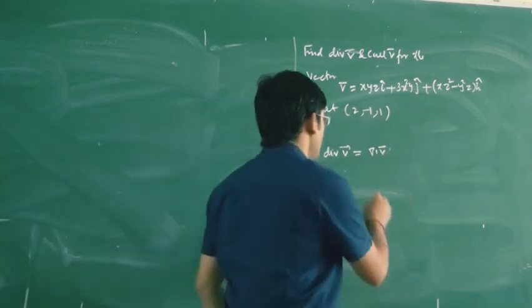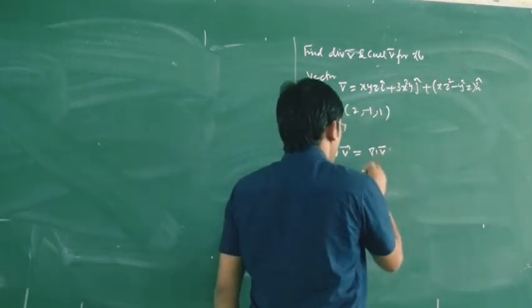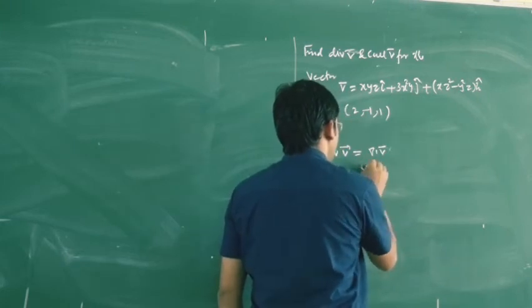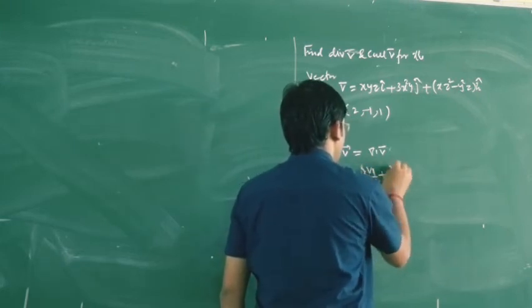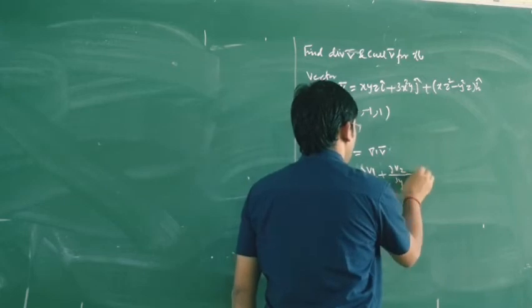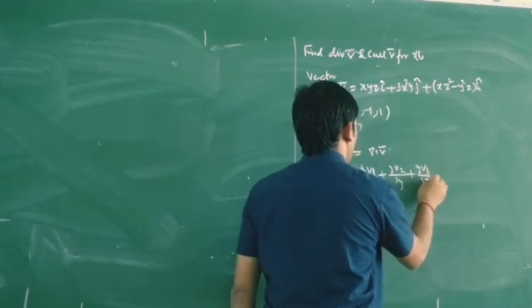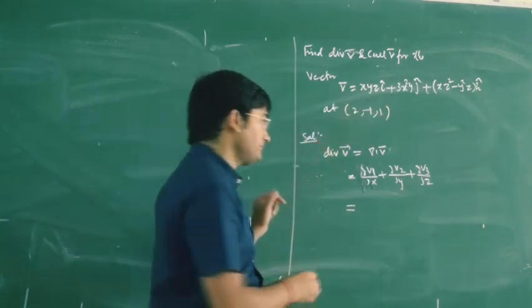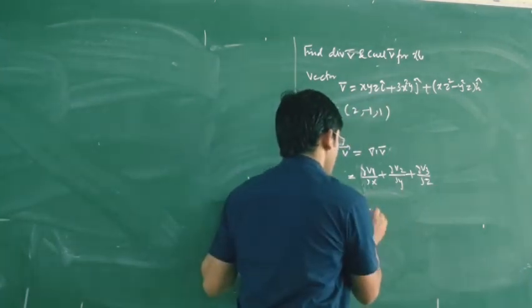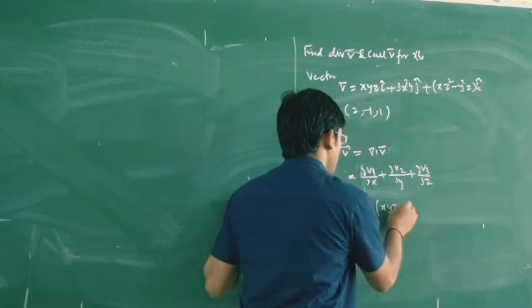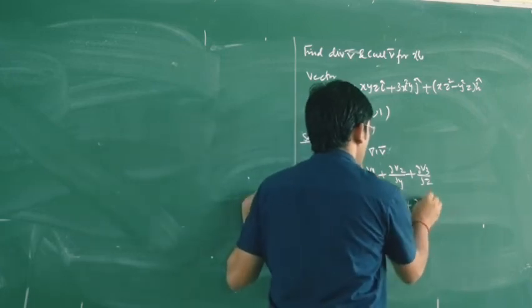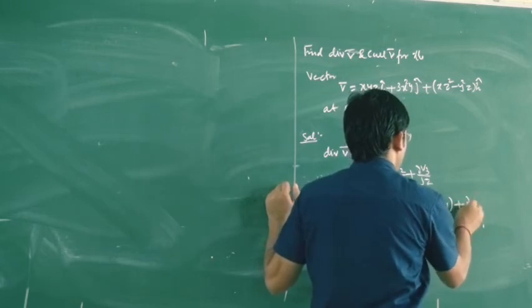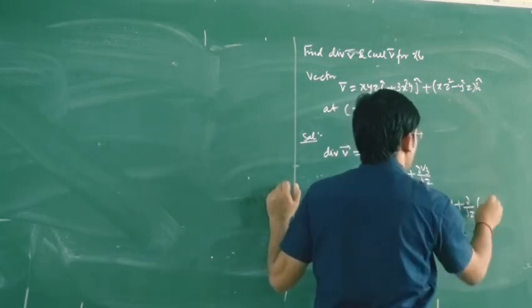You can write it directly as del V1 upon del x, del V2 upon del y, and del V3 upon del z, where V1 is the first component, which is xyz. So this is del by del x of xyz. Then del by del y of V2, the second component, 3x square y. Then del by del z of V3, the third component.